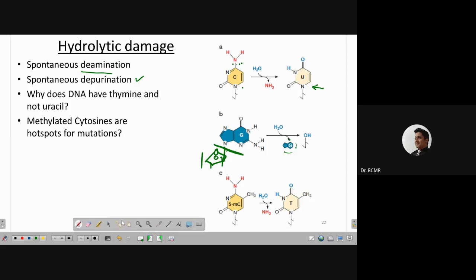Similarly, we can also have a methylation. Sorry, here is 5-methyl cytosine. That is a nice one that we will discuss as we keep progressing, when it comes to epigenetics, the last part of gene regulation in eukaryotes.